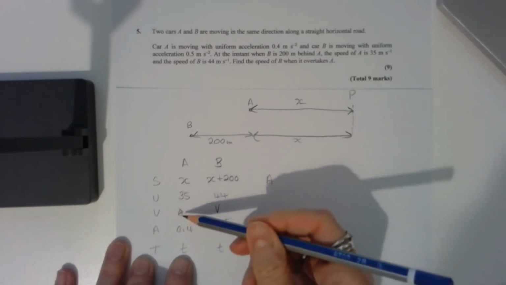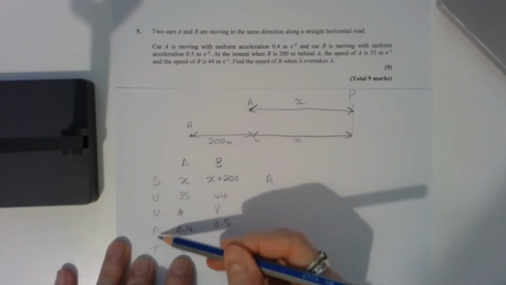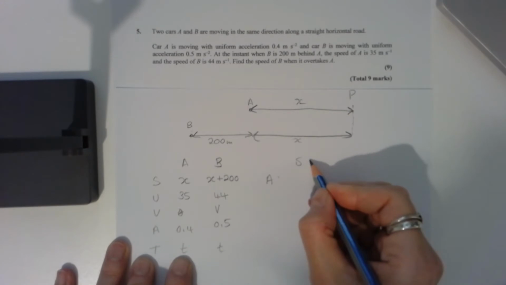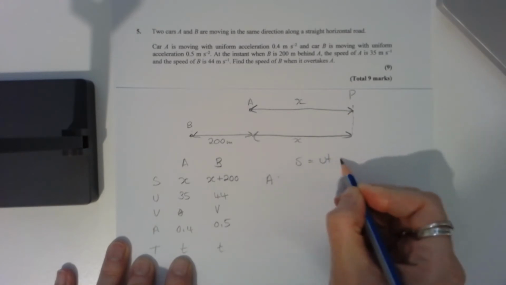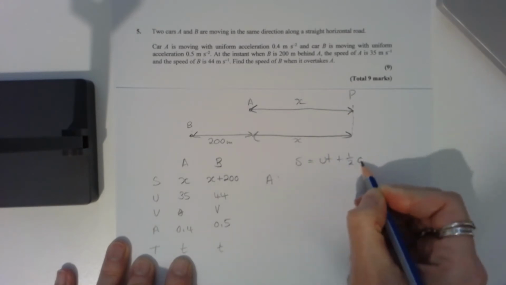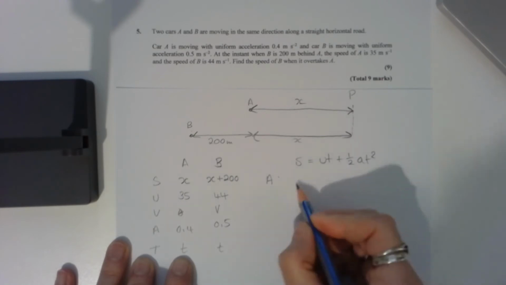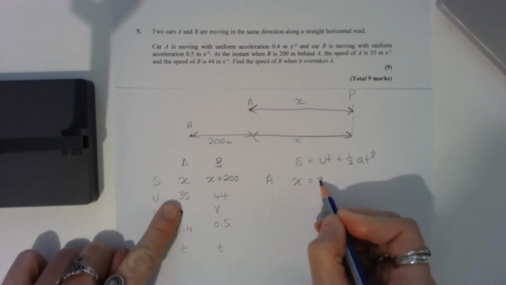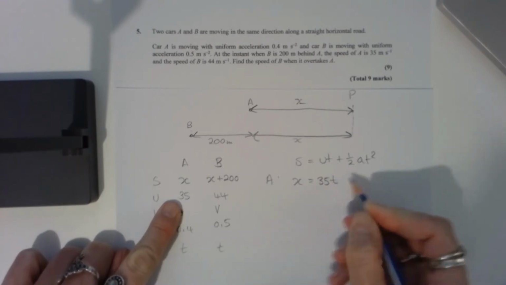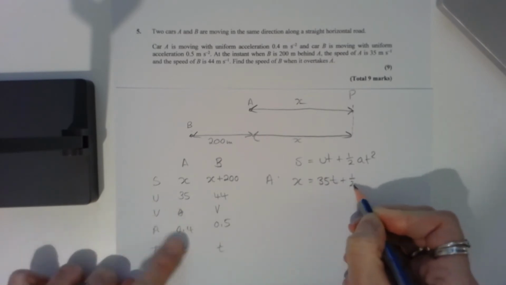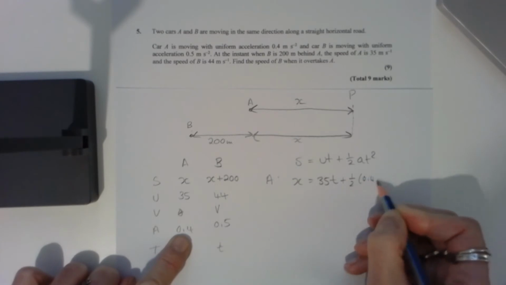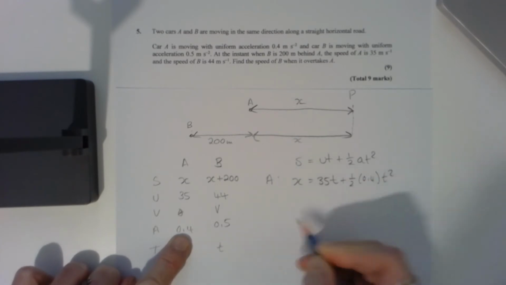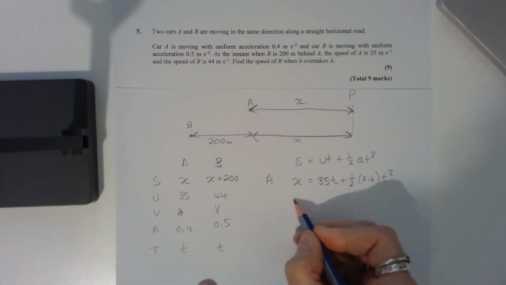If I haven't got v, I've got s, u, a, and t, so I'm going to use s equals ut plus a half at squared for both of them. So for A, we've got x equals ut plus a half at squared, and I'll just neaten that up a little bit.